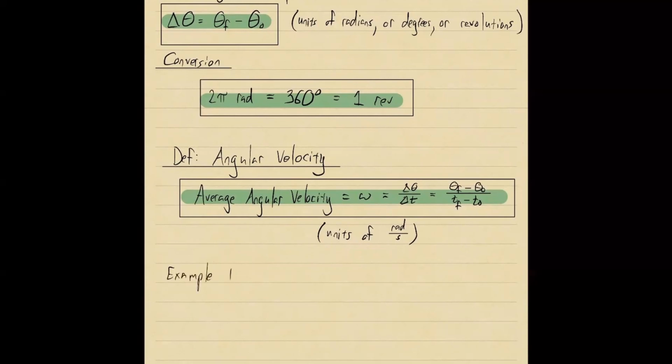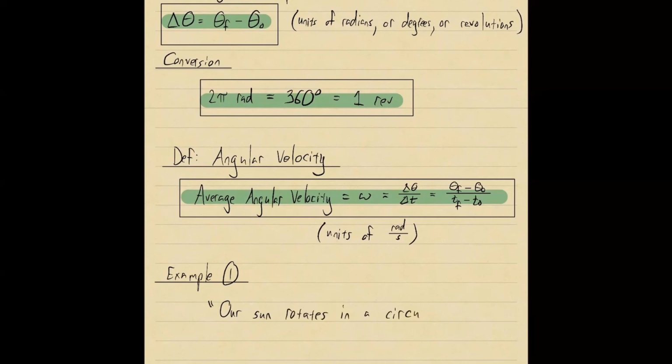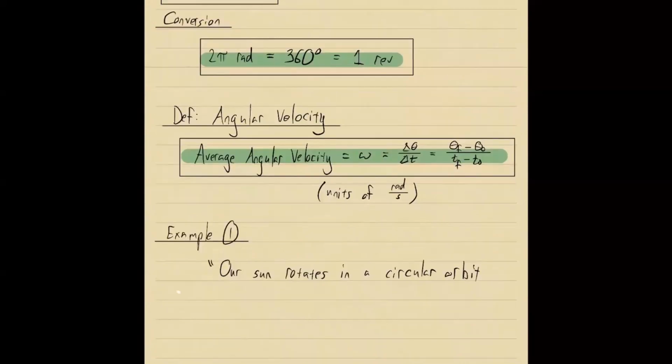Example 1 says that our sun rotates in a circular orbit about the center of the Milky Way galaxy.